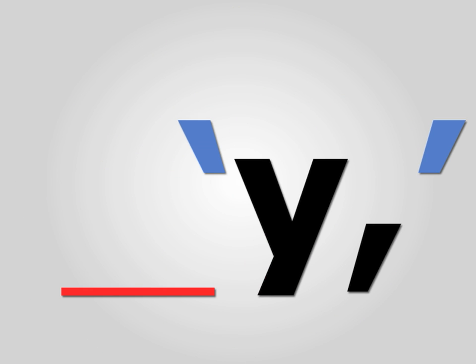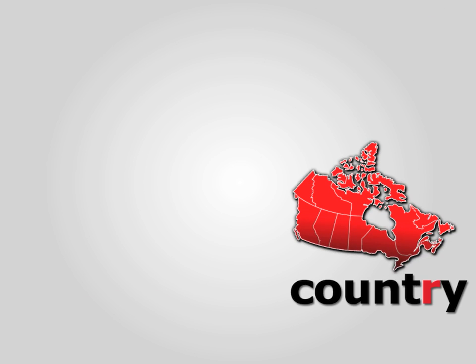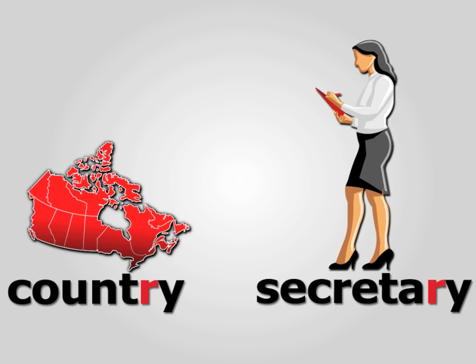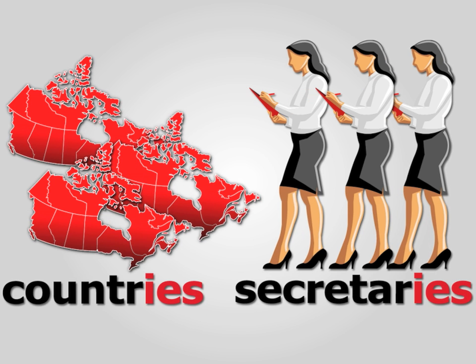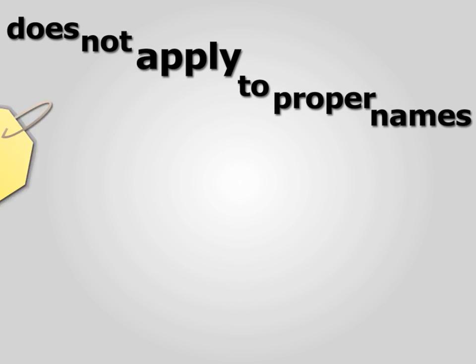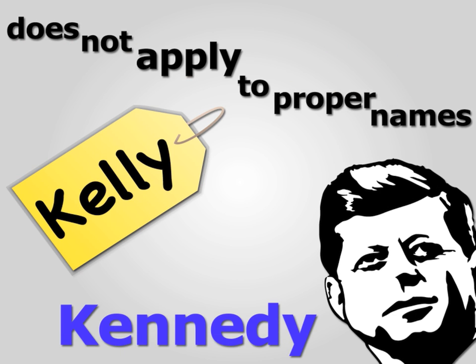If the letter previous to the Y is a consonant, such as in the nouns country and secretary, then you replace the Y with an IES. Note that this does not apply to proper names like Kelly or Kennedy.